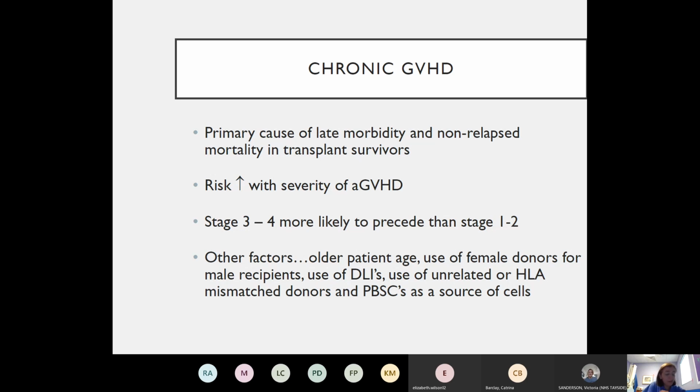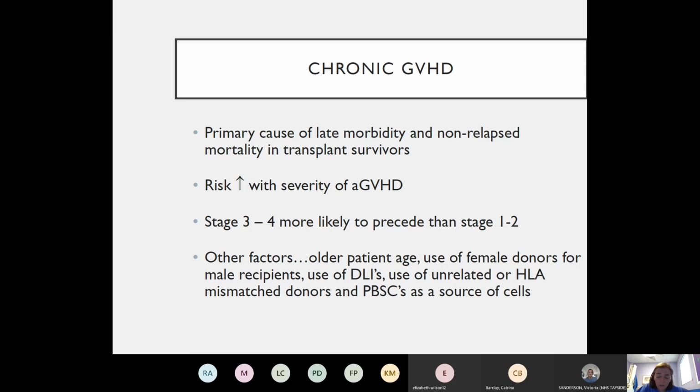In the context of leukemia, there's good evidence that if you get chronic GVHD, your chance of relapsing from your leukemia is much reduced, but it does come at a price. The chances of it happening are increased with grade 3 or 4 acute GVHD.